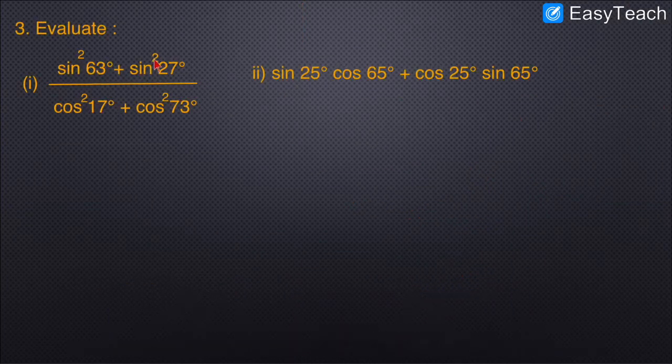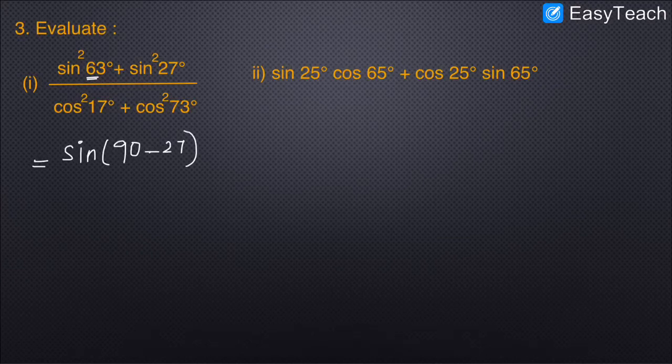Okay, let's move on to the third question. Sin square 63 plus sin square 27 whole divided by cos square 17 plus cos square 73. So here I am going to use complementary angles too. So first of all, let's split the 63. So how to split the 63? I write sin, for 63 I write a complementary angle, 90 minus 27 is 63.